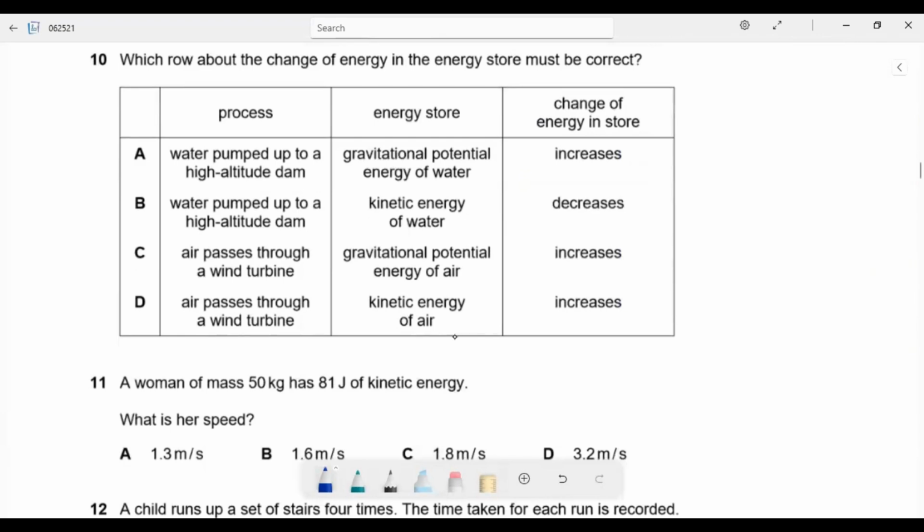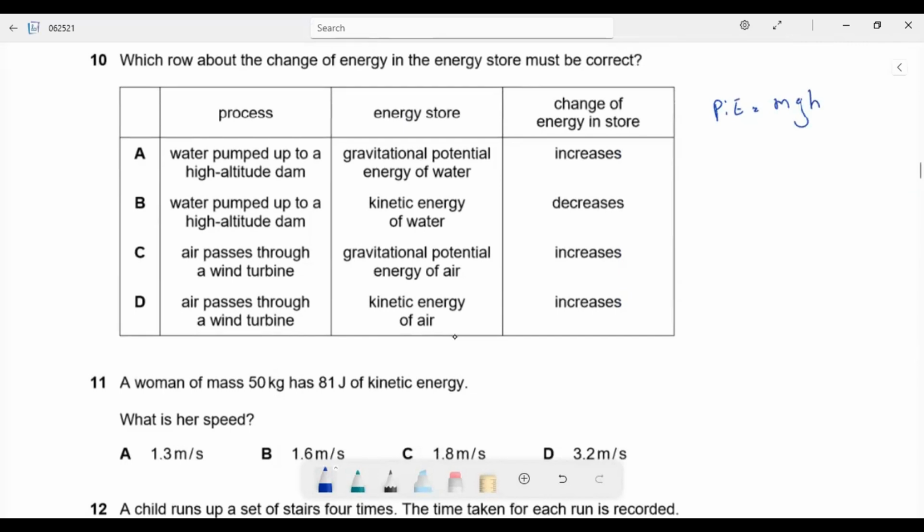Next, which row about the change of energy in the energy store must be correct? Water pumped up to a high altitude dam, gravitational potential energy of water increases. So gravitational potential energy is mgh.